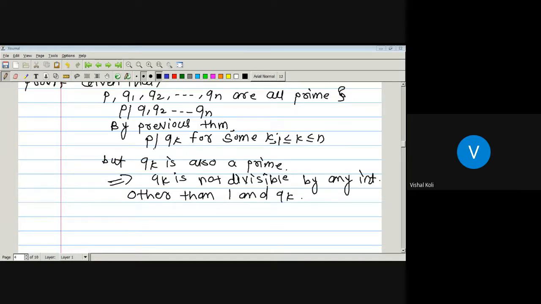So here our p divides qk. Qk is a prime. It means qk has only two positive divisors, that is 1 and qk. That is, it is not divisible by any other integer other than 1 and qk.